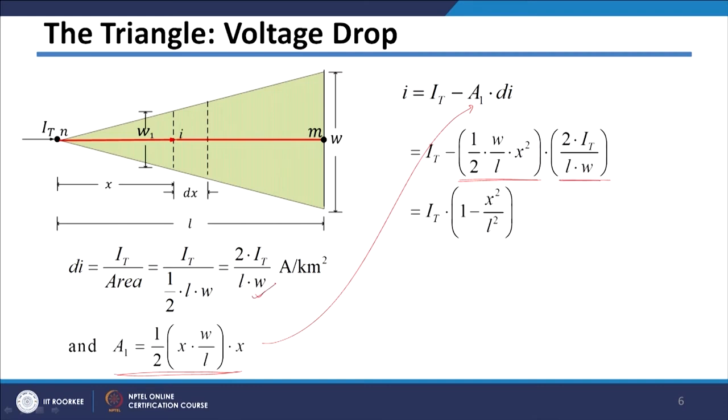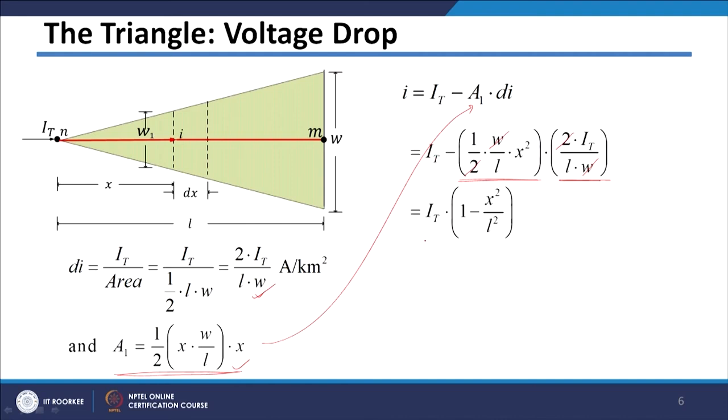So, this is your DI and this is your A1, and if you simplify it, this will become L square here, and this x square will remain here, w will get cancelled out, and if you take IT out, these two also will get cancelled out.